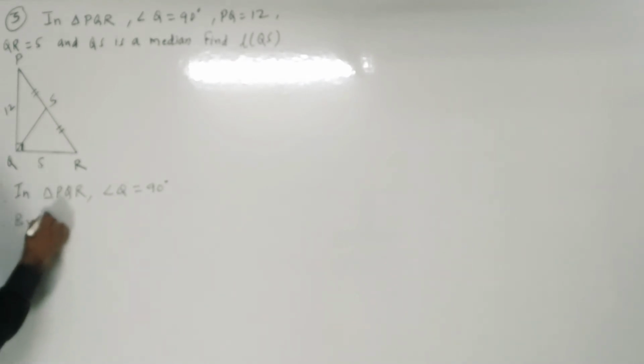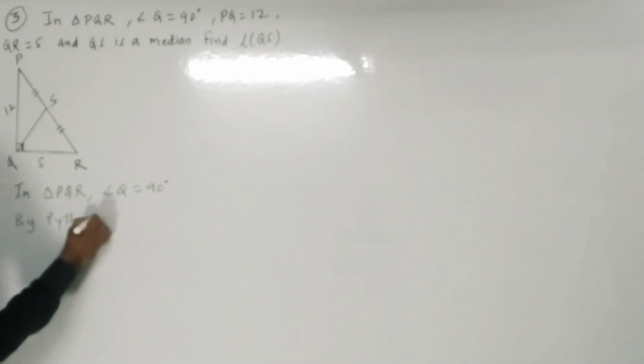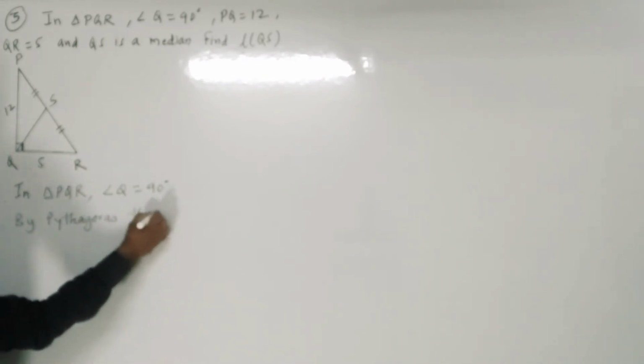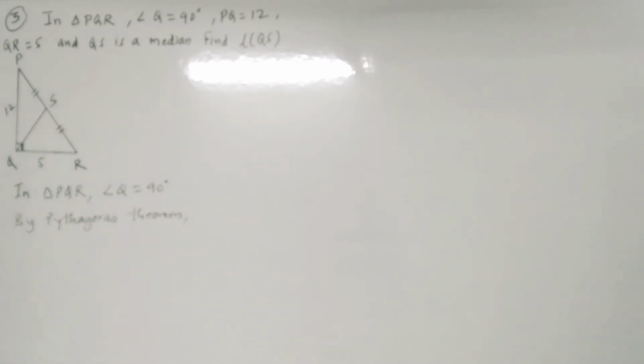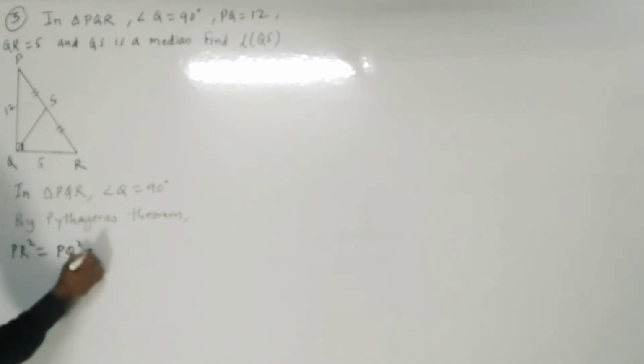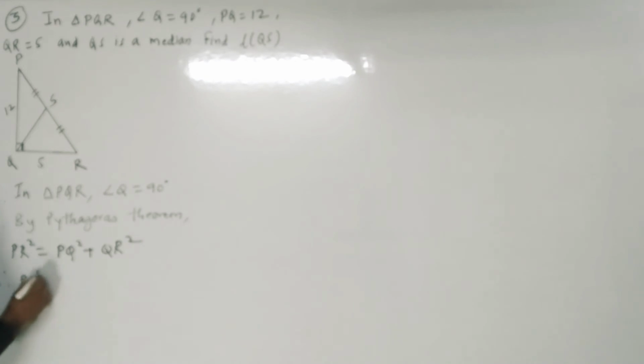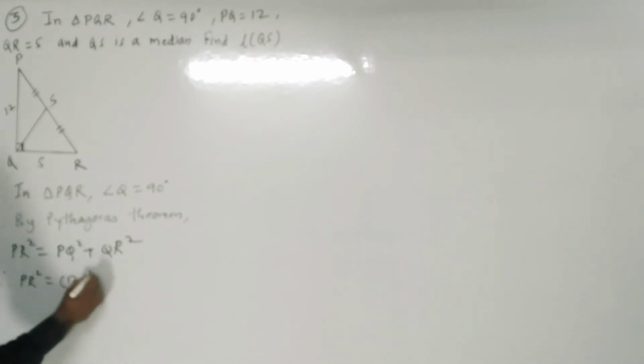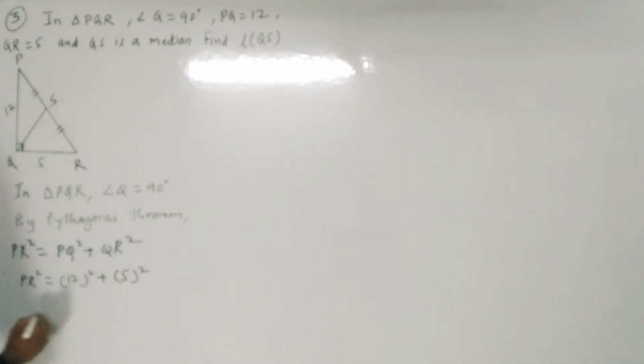Therefore, by the Pythagoras theorem, PR is the hypotenuse. So PR square is equal to PQ square plus QR square. Therefore, PR square is equal to 12 square plus 5 square. 12 square is 144, 5 square is 25.